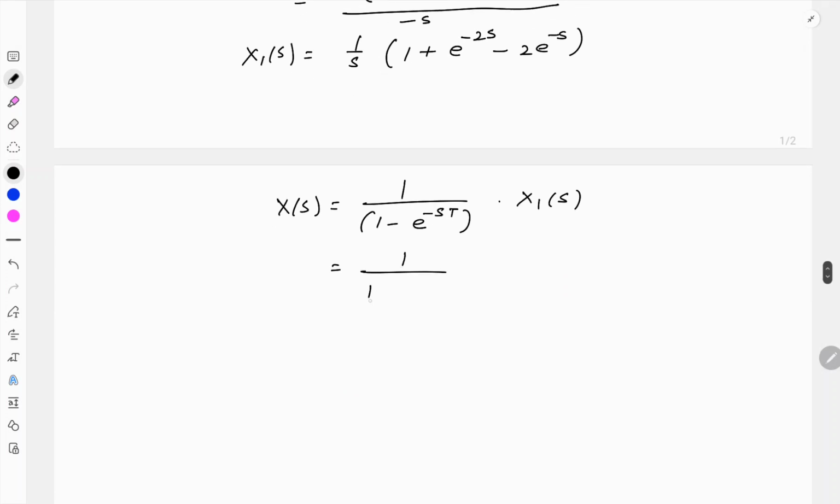So 1 upon 1 minus e raised to minus sT, so it is 2s, value of T is 2, into 1 by s into 1 plus e raised to minus 2s minus 2 e raised to minus s.